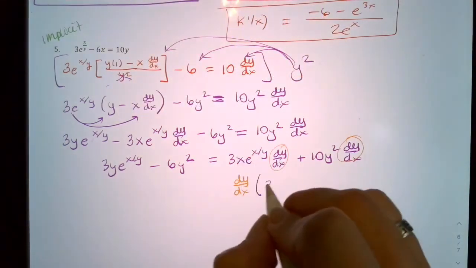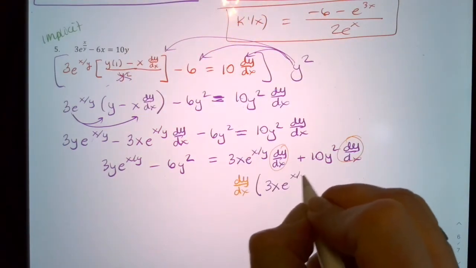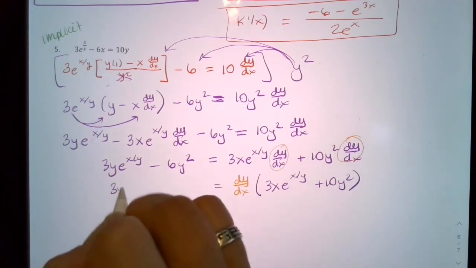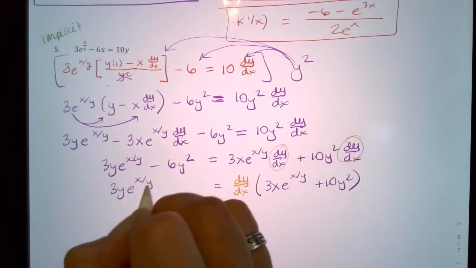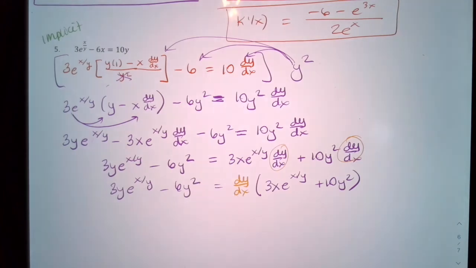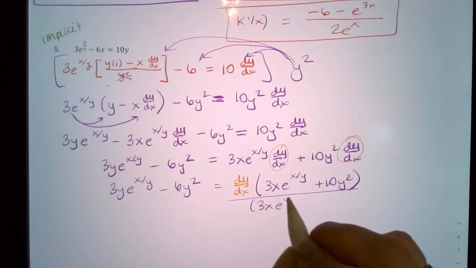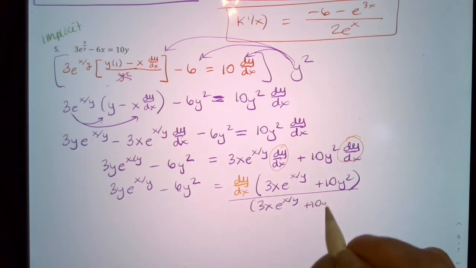What would I have left over? 3x e to the x over y plus 10y squared. I didn't do anything over here on the left-hand side. I'm just rewriting. But here I have a clear path forward of how to find that dy dx. I'm just going to divide whatever is multiplying that dy dx.